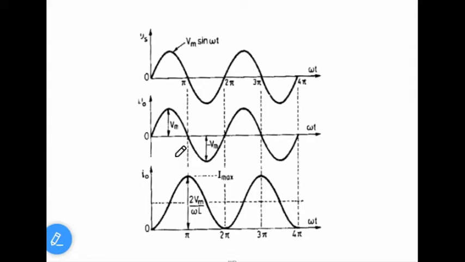As per this, di represents change in current, dt represents change in time. If the current is rising, I will get a positive voltage. Or in other words, if the voltage is positive, it means that current is rising.